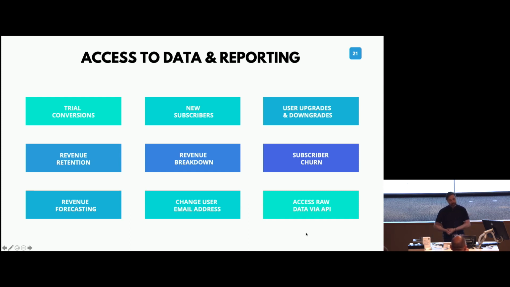Subscriber churn, can't emphasize this enough, should be around 10% or so, but in some instances 24%. Revenue forecasting, change your email address, I'm not sure why that's there, but it's okay. And accessing raw data via the API, because that way you can create your own custom reports, which can be very handy, particularly when you might want to work with a data scientist.